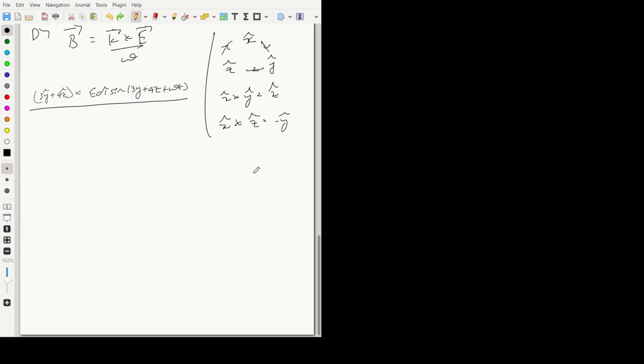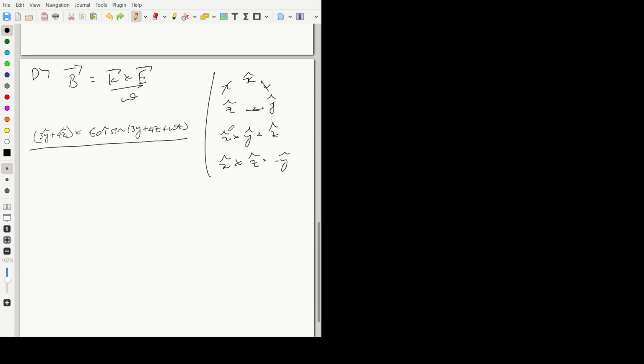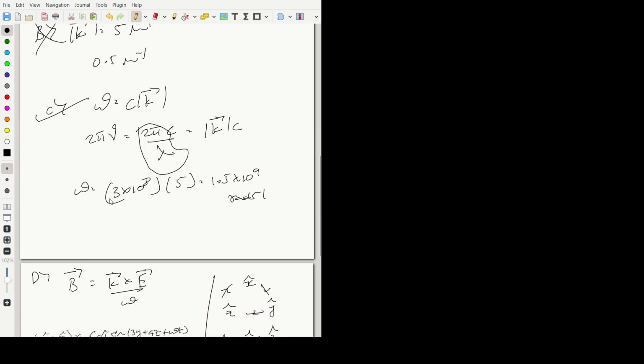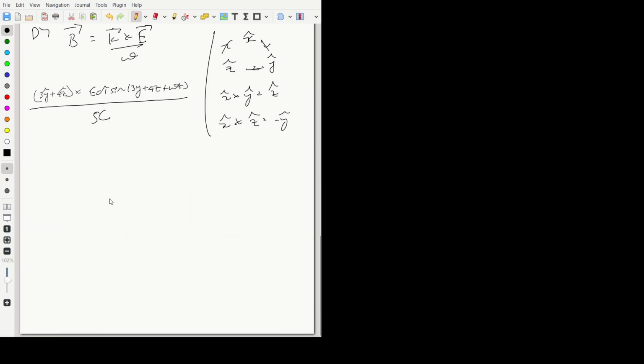So omega was just c times magnitude of k, 5c. All good. And E here is along x cap.